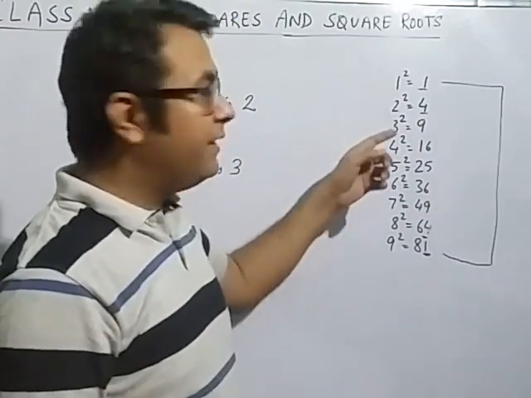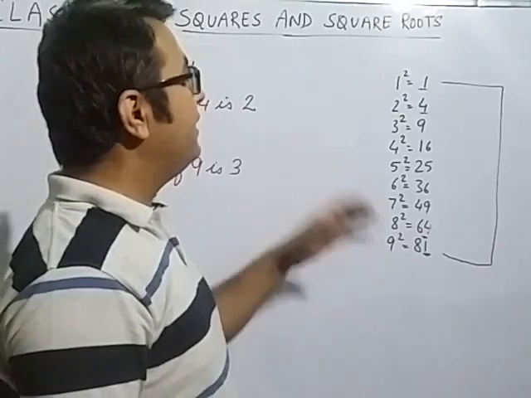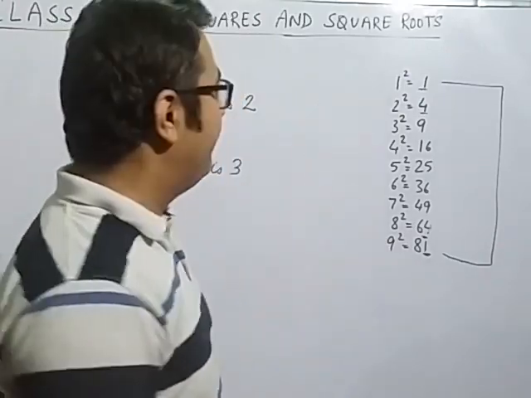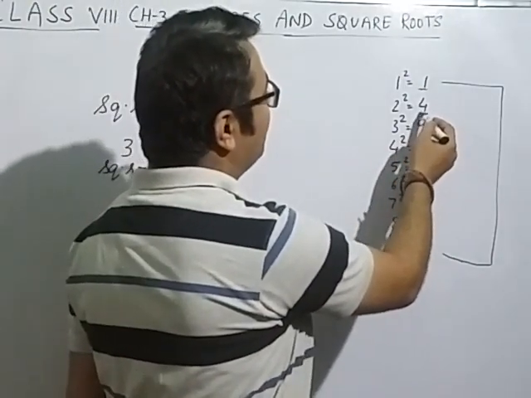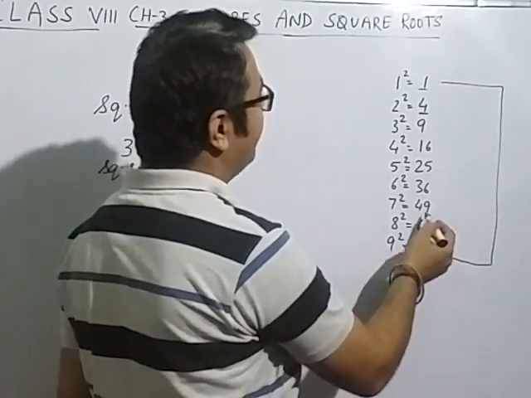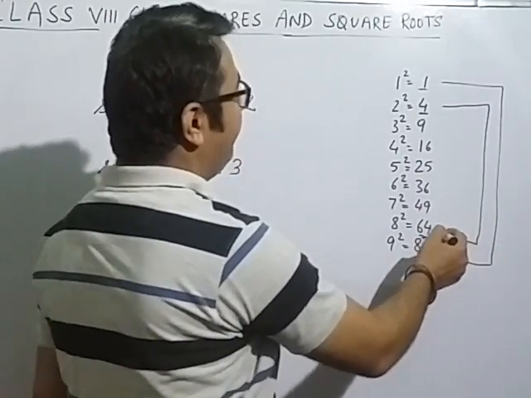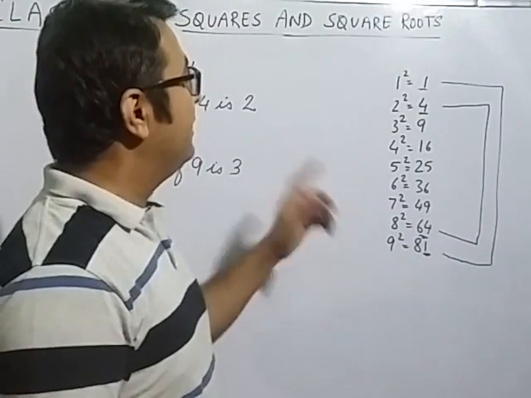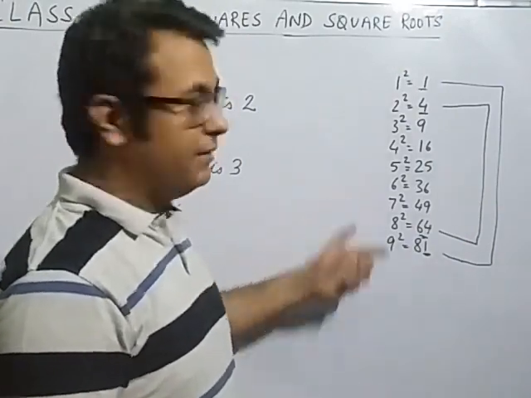So I can say that if the unit digit in the squares is 1, then in its square root it will be either 1 or 9. Similarly, the unit digit is 4 in 2 square and 8 square. So if the unit digit is 4 in the squares, then in the square root it will be either 2 or 8.